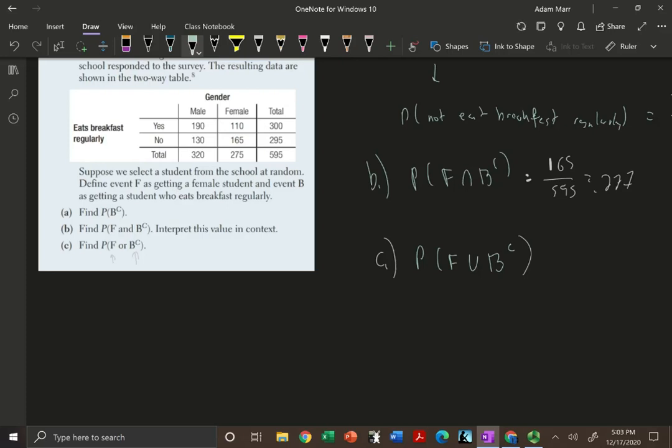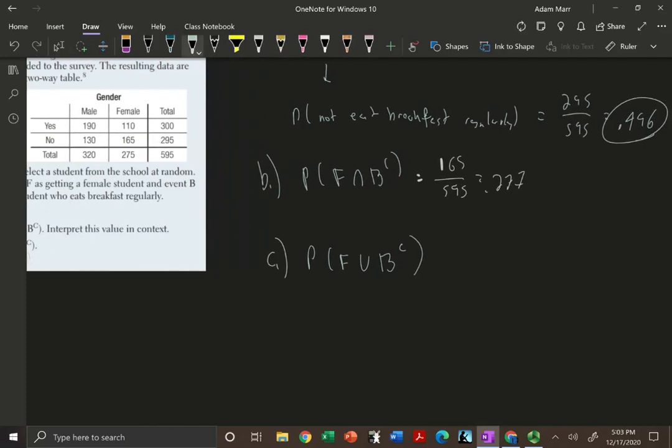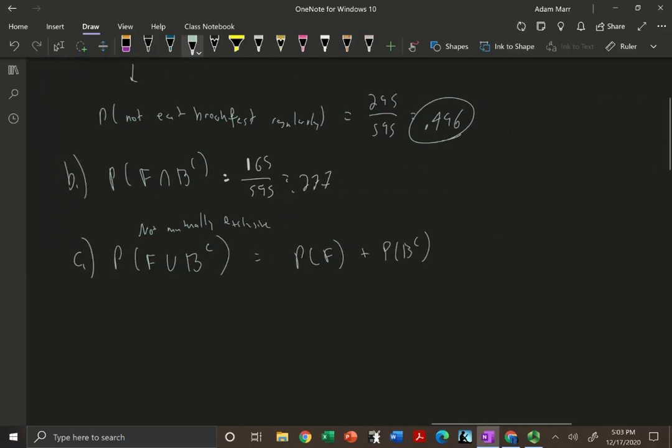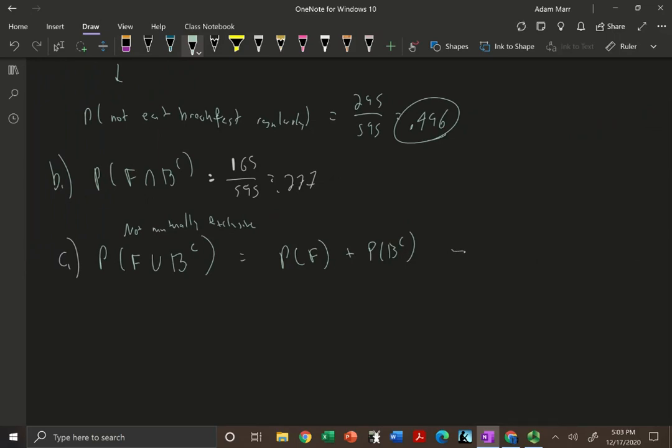So females, we would get that right here since this is not mutually exclusive. That means there are people who both are female and do not eat breakfast, right? So we're going to say that's a probability of F plus the probability of B complement minus the people that we count twice.